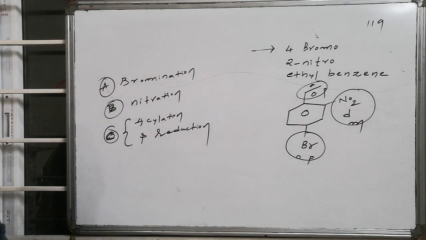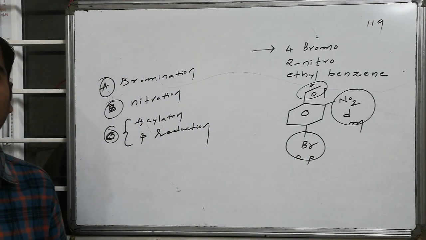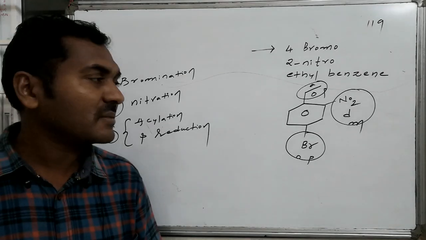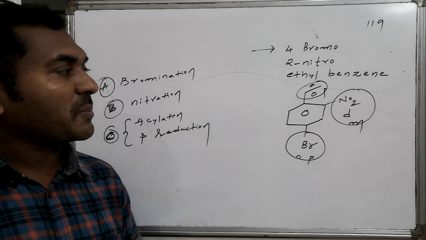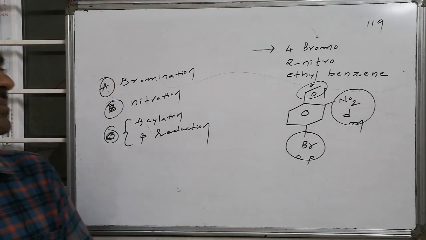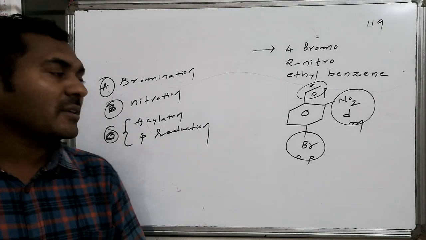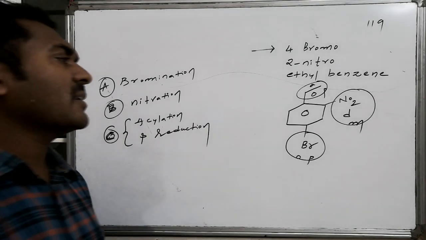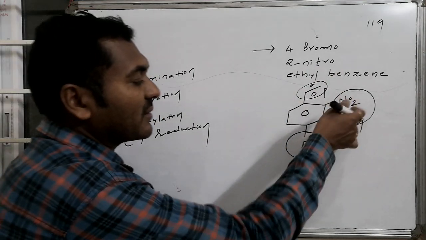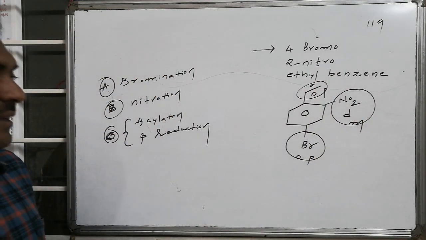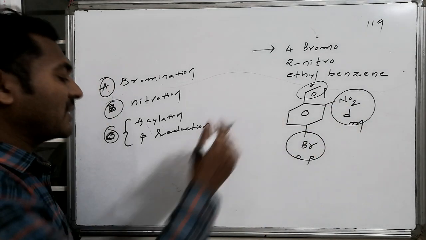So if I take nitro as the first reference, it doesn't work because one group comes at its meta place, but I can't place the other group at its ortho position. If I take bromine into consideration, it is a deactivating group and also ortho para directing, so I can't get a group like nitro at its meta place. Hence these two are not suitable, so I will go for ethyl.